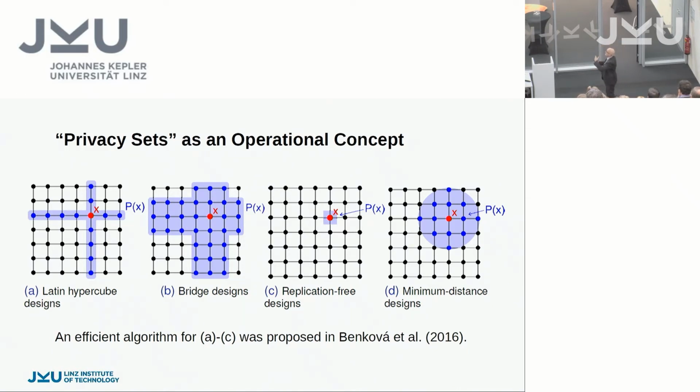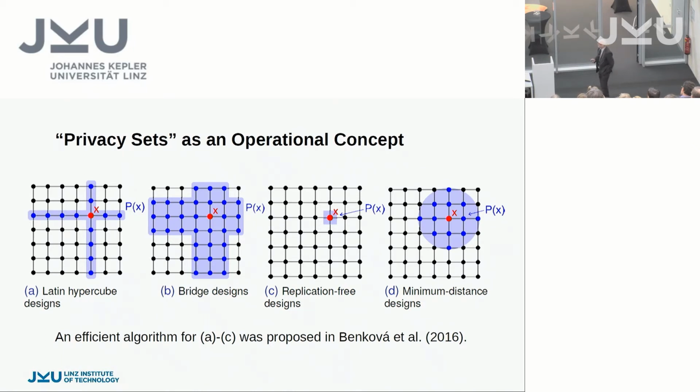Then you can use privacy sets so that you exclude several rows and several columns. This would lead to these rich designs. You can just exclude the point itself. This would lead to so-called replication-free designs, so you're not allowed to replicate at the same point where you have taken observations already. And we have covered these three things in a paper in 2016.